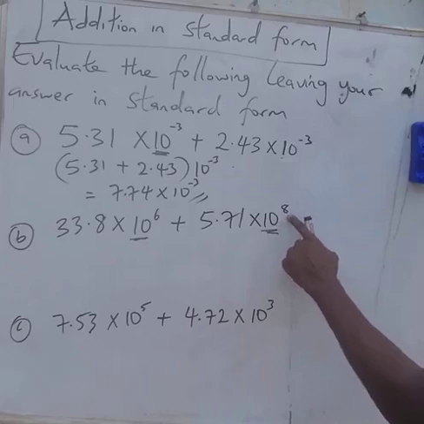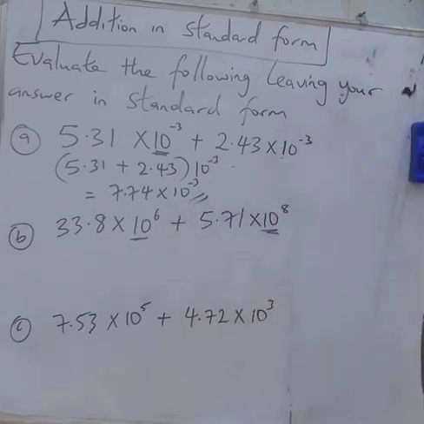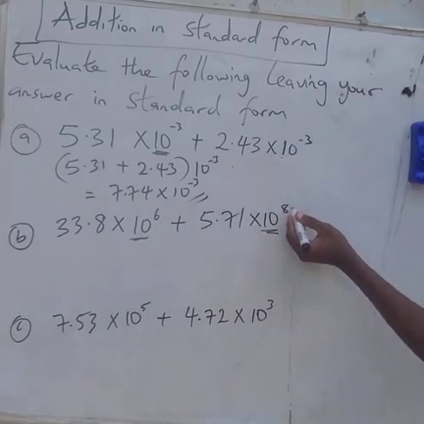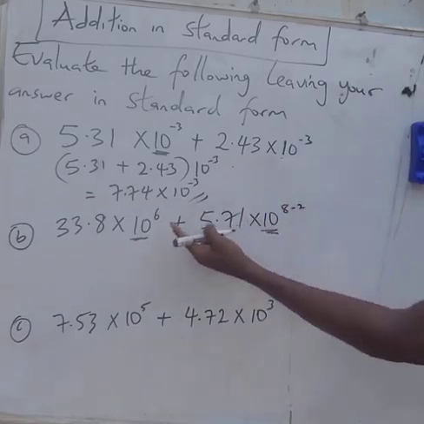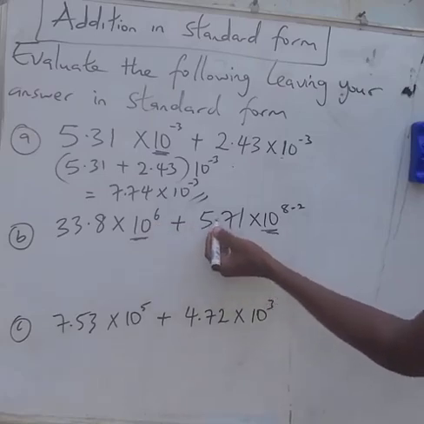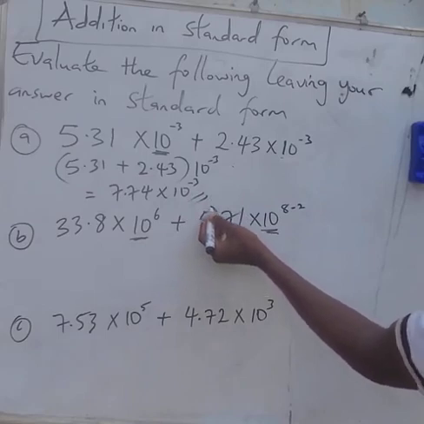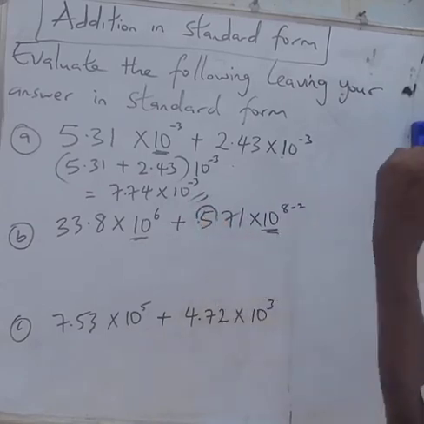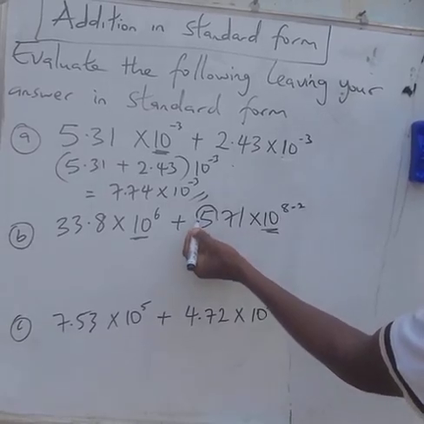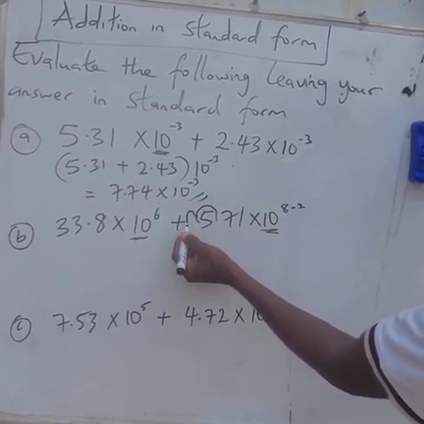If I want to reduce this to power 6, what I need to do is subtract this power by 2 to get it to power 6, then this decimal point has to move 2 places. If it moves just 1 place, the decimal point is here. Then if it moves again, a second place, it has to be here.